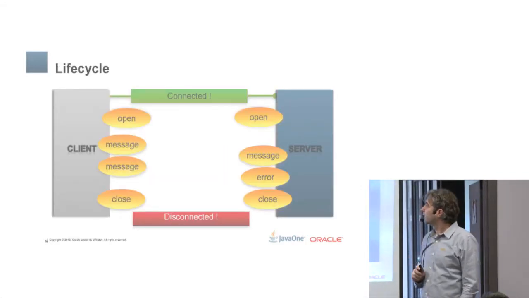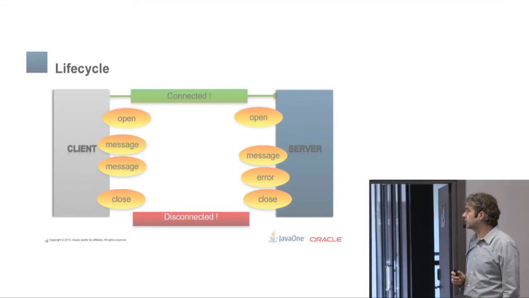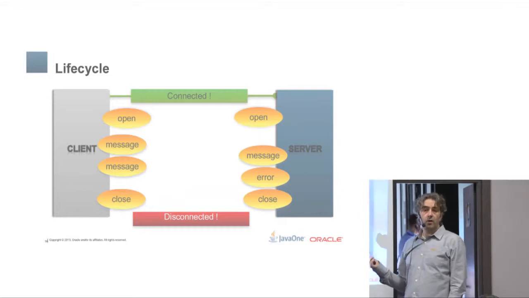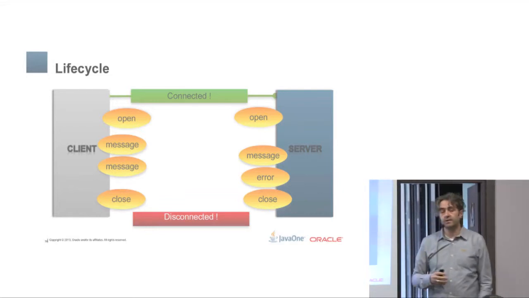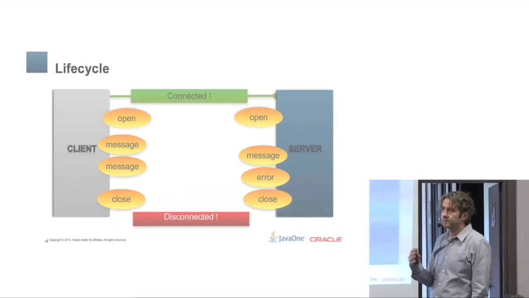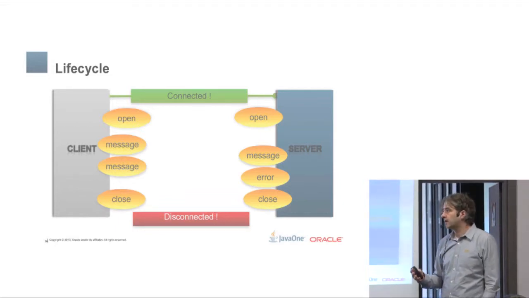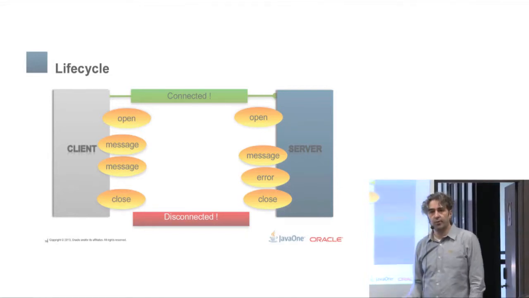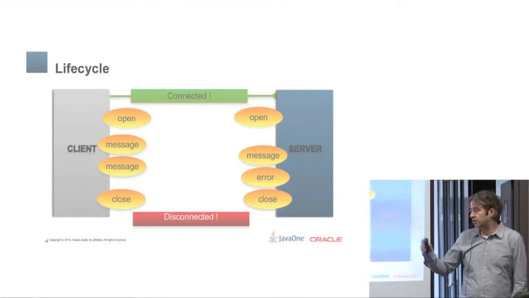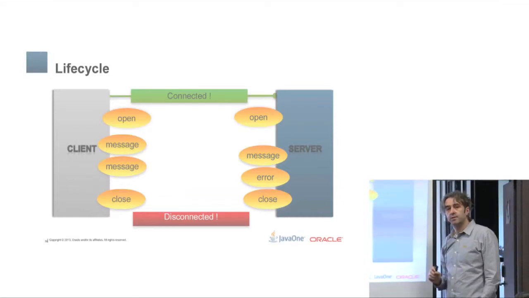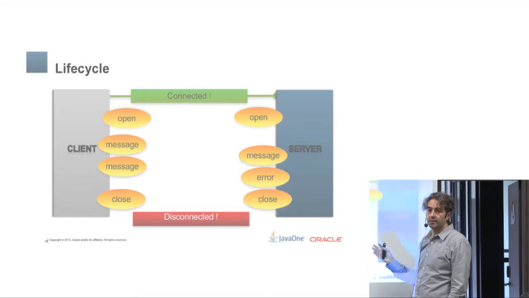We have seen how the connection is established, the handshake. From now on, both sides of the connection can exchange messages. They don't necessarily have to react. They will decide, okay, I'm interested in that specific event and I will react upon that message, or I just want to ignore it. The first event sent once the connection is established is the open message.